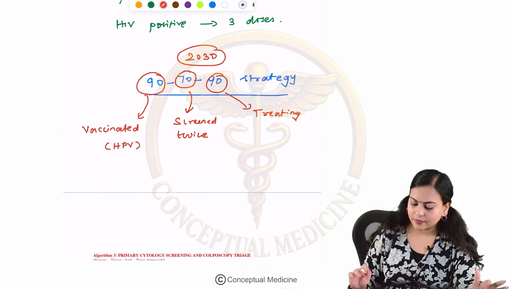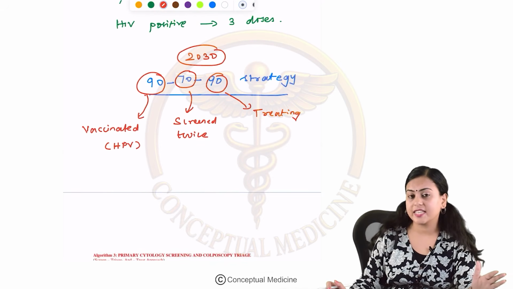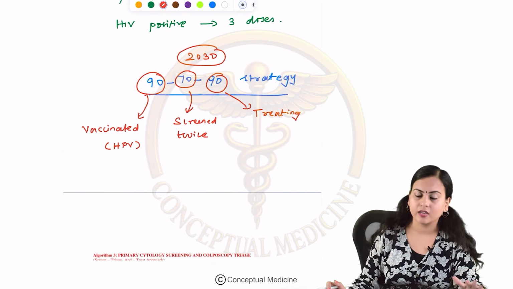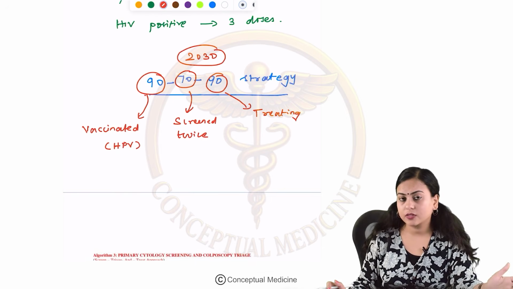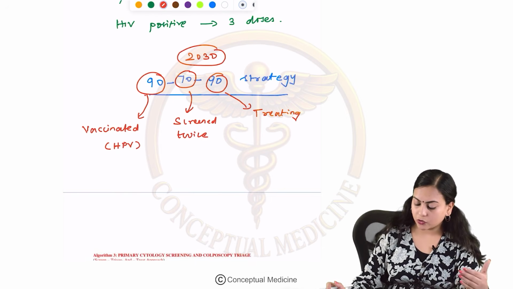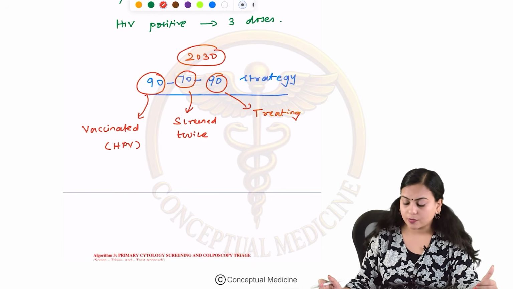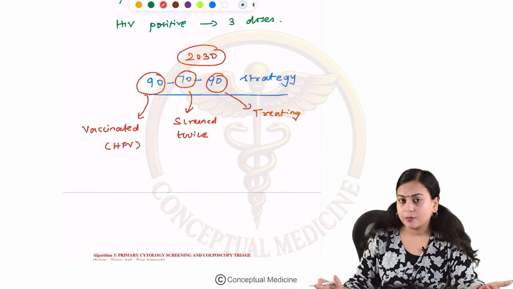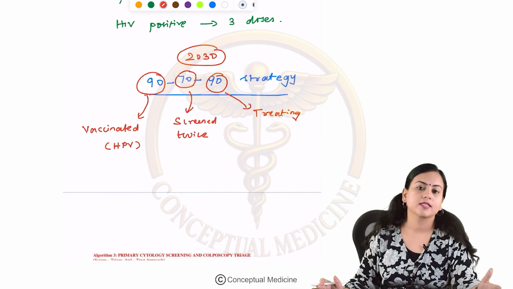So, it is 90-70-90, which is VST: vaccine, screen, treat. You have to vaccinate 90% of the eligible girls, then you have to screen the eligible women twice, and then you have to treat the people who are getting a positive test or who have a lesion.